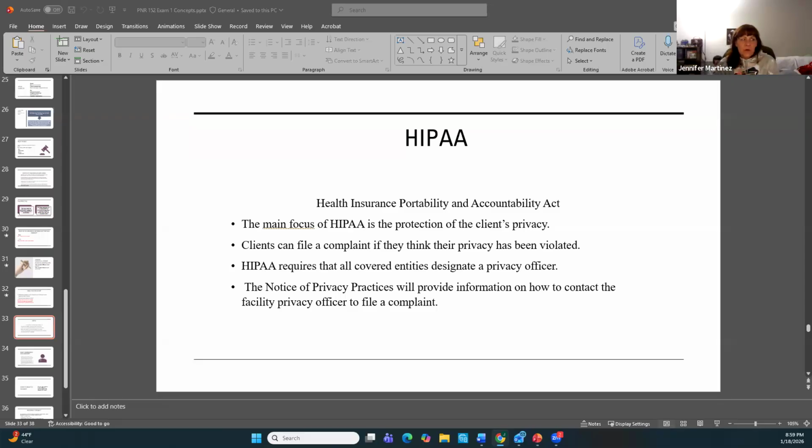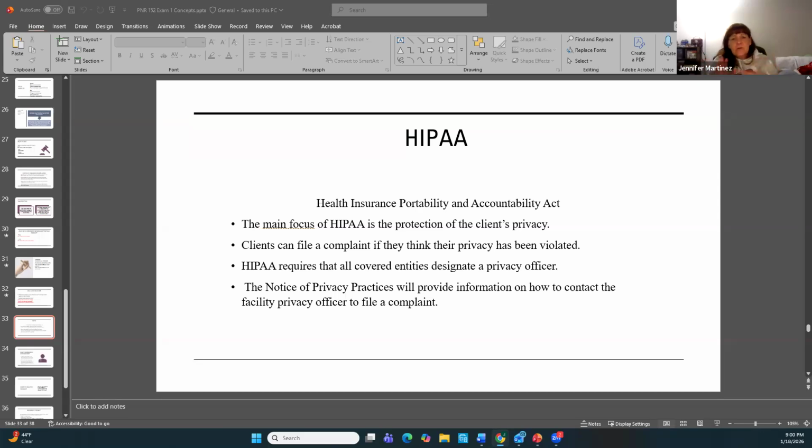And so HIPAA does require that everyone receive a notice of privacy practices. So think about it. Anytime you've gone to the doctor, usually at the beginning of the year, the first time you see the doctor that year, you'll have to sign your HIPAA privacy practices.